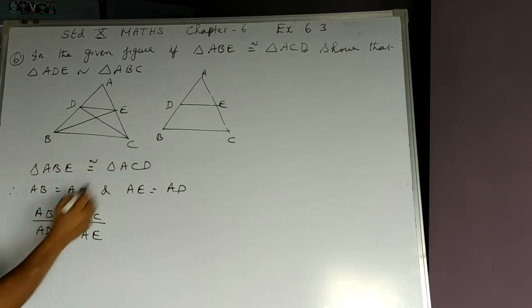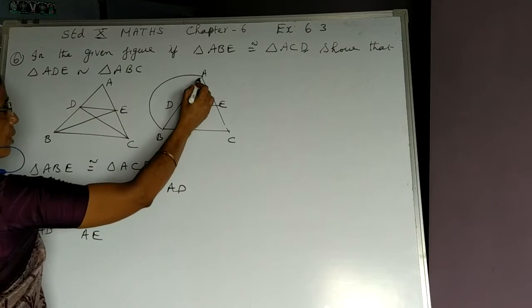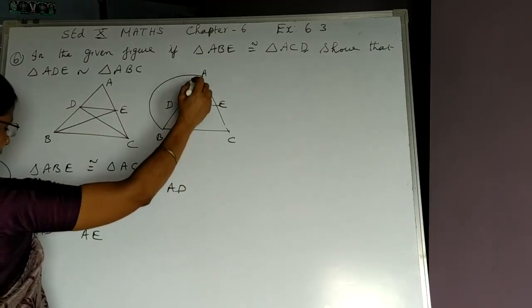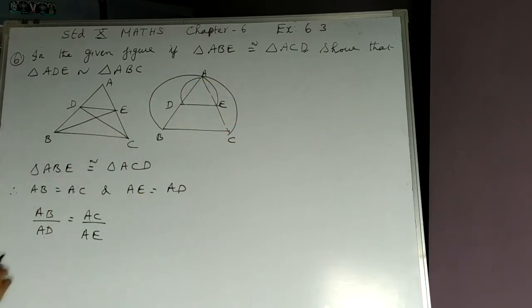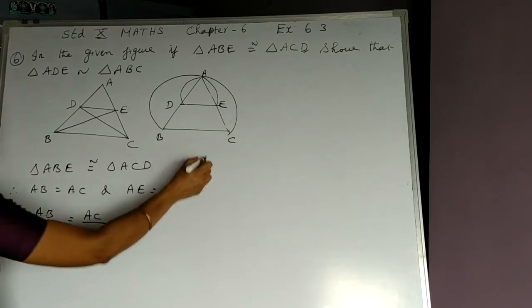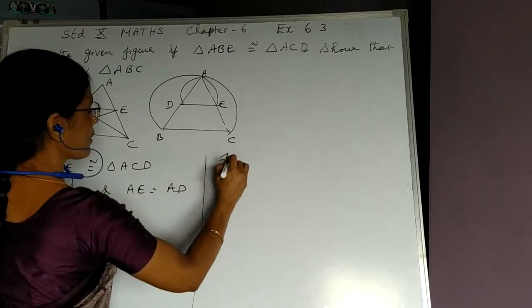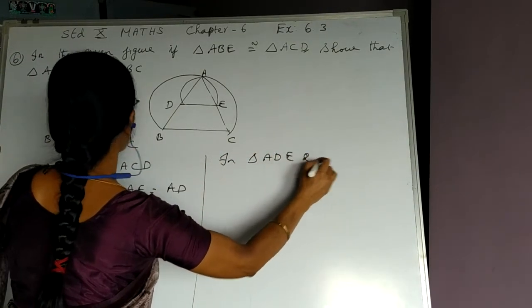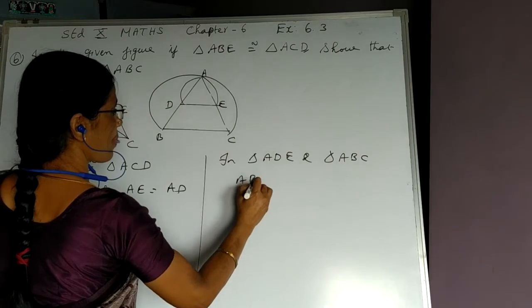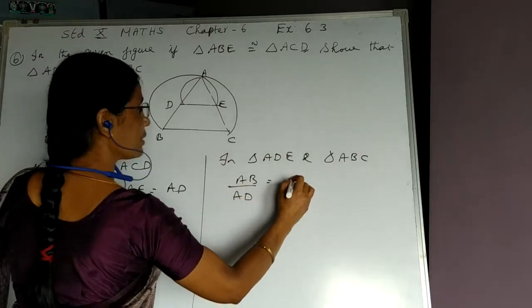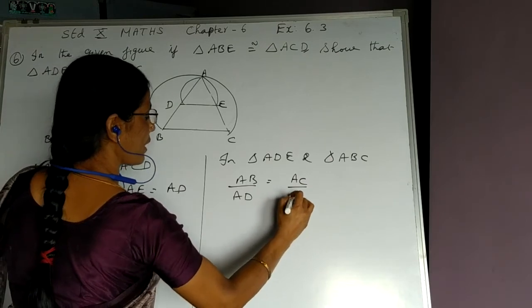So if you look at the second figure, we got AB upon AD is equal to AC upon AE. So corresponding sides are proportional. Which two triangles do we have to prove similar? In triangle ADE and triangle ABC, we got AB upon AD is equal to AC upon AE.